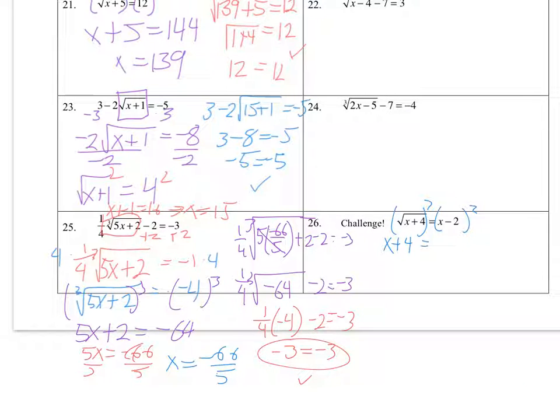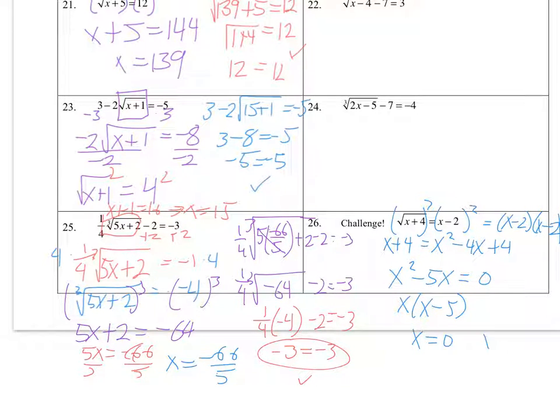And on the right, that can be multiplied out, x minus 2 times x minus 2, to get x squared minus 4x plus 4. Bring everything onto the same side. We are going to have x squared minus 5x is equal to 0, which factors into x times x minus 5. In other words, x equals 0 and x equals 5.